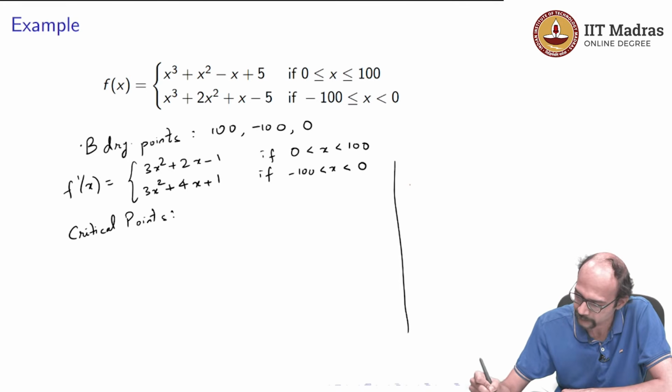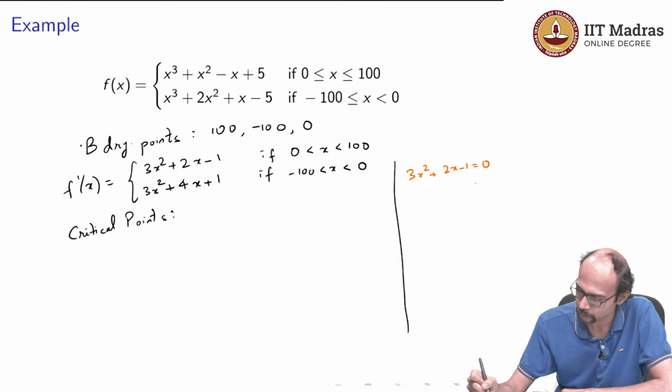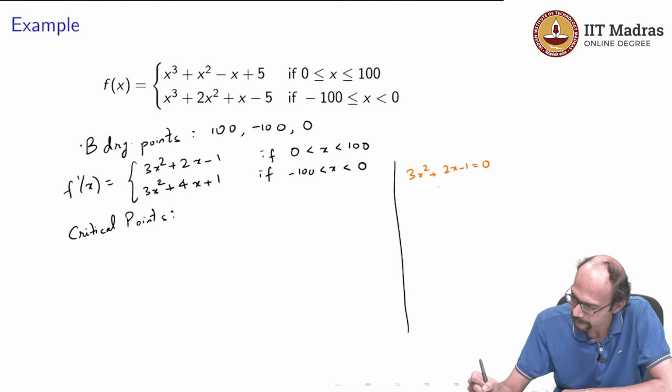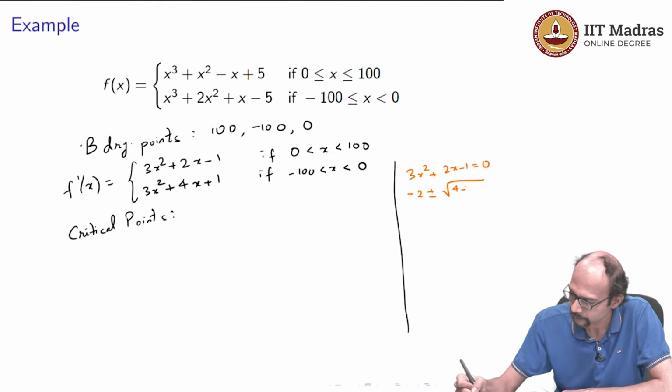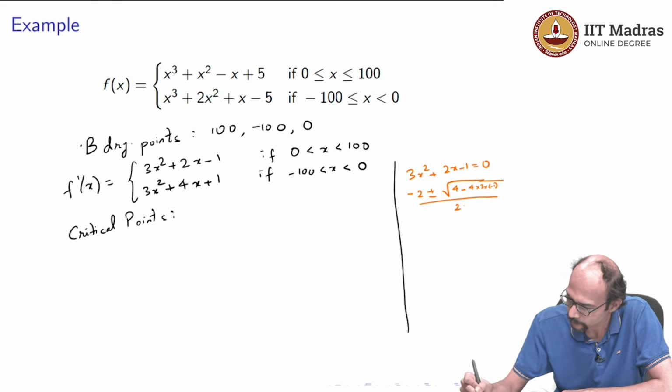This is a quadratic equation. We want to find when 3x squared plus 2x minus 1 is 0. We know how to solve a quadratic equation. The solutions are minus b plus minus root of b squared minus 4ac, divided by 2a, if the equation is ax squared plus bx plus c. That gives us minus 2 plus minus root of 4 minus 4 times 3 times minus 1, divided by 2 times 3.